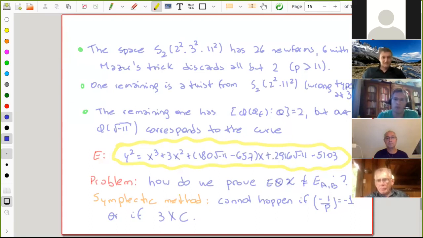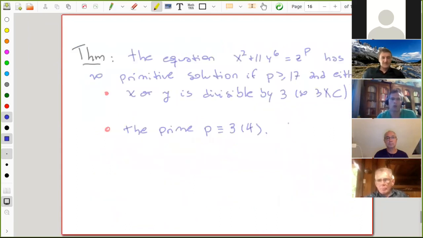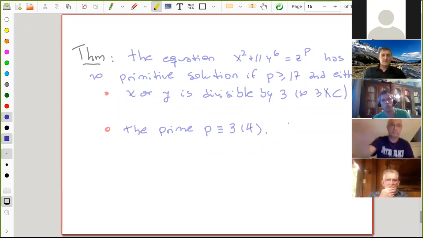And you can prove that if your prime is congruent to 3 mod 4, then these 2 curves cannot be isomorphic. So what we can end up proving for this particular equation is that it has no primitive solution if p is larger than 17 and either one of the 2 entries is divisible by 3, because you have 2 different sorts of solutions. The ones with one of the entries divisible by 3 cannot correspond to this particular curve.